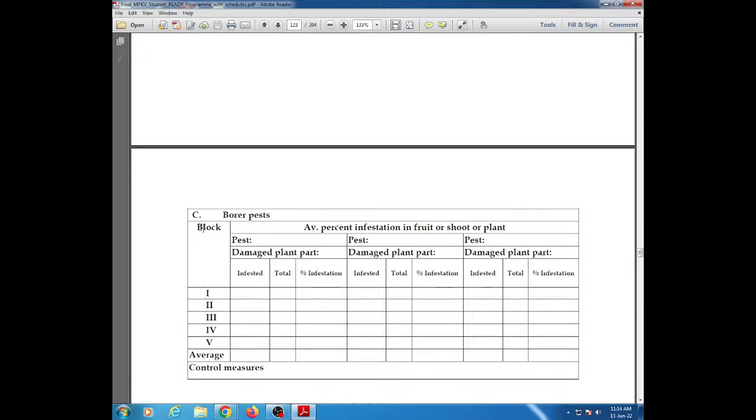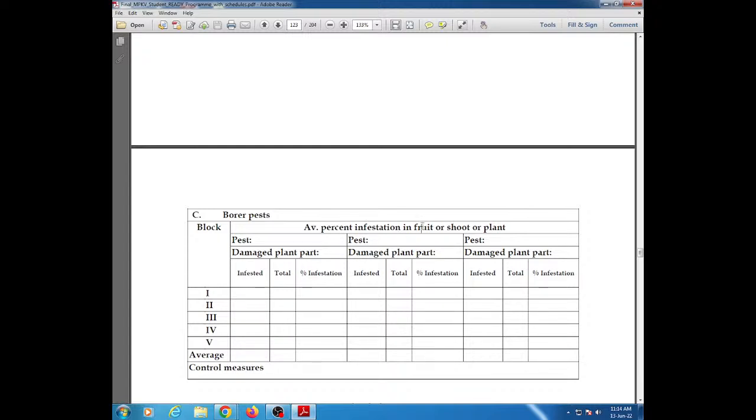Then again, within the block you have the 5 blocks as discussed earlier. Then you will write the name of the pest, second pest, third pest, then the damaged plant part. Now if you are considering the crop, for example brinjal, so the infested plants or infested fruits.